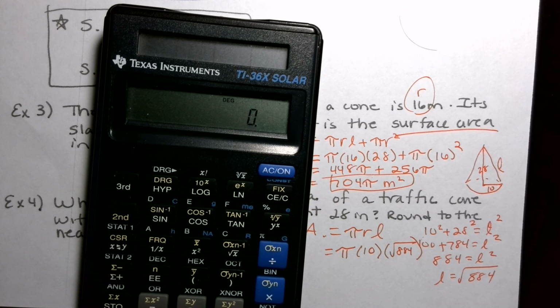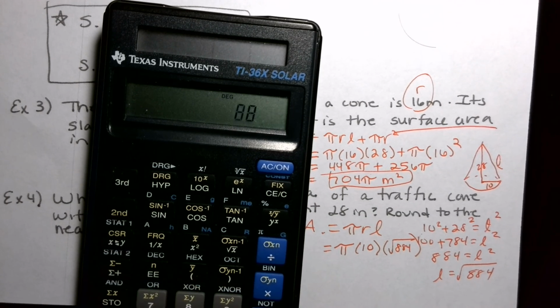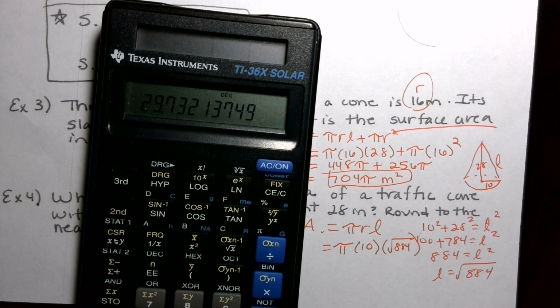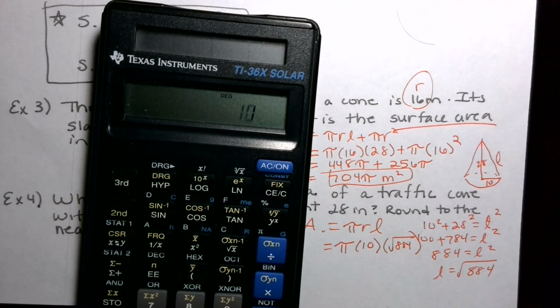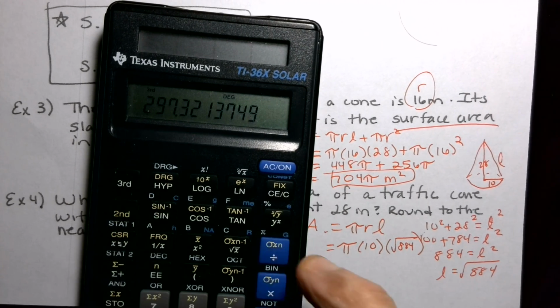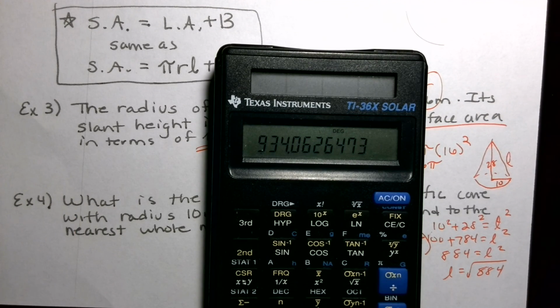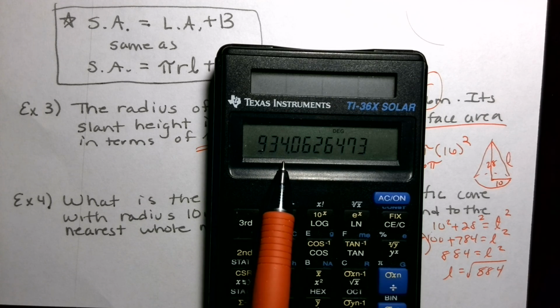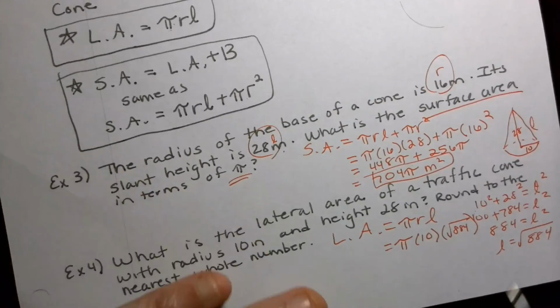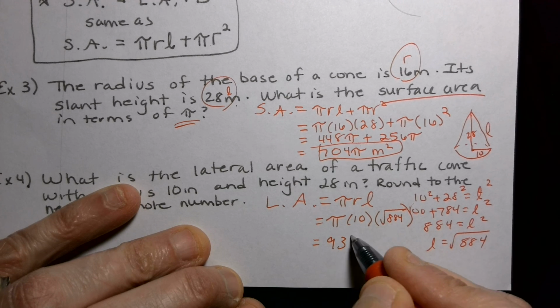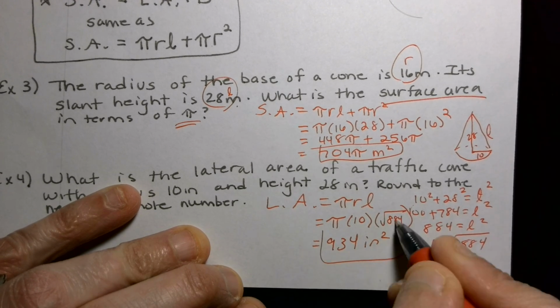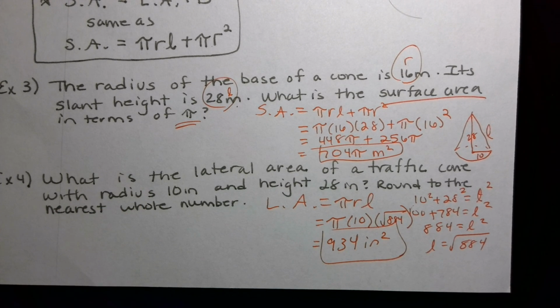So I'm going to do the square root first. 884 square root times 10 times pi equals. So I get 934.06, and it says to the nearest whole, which is the 4, where the 4 is. So it would be 934 inches squared.